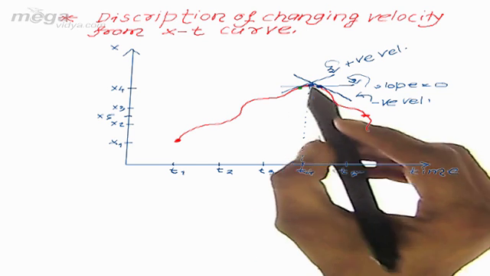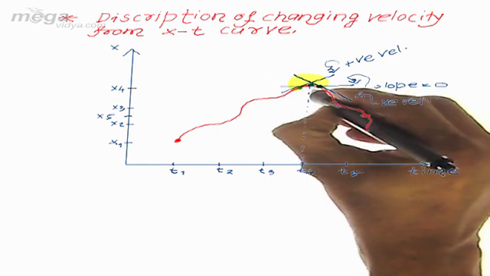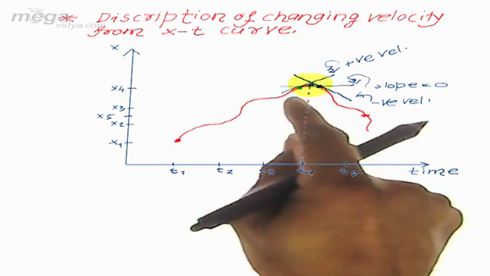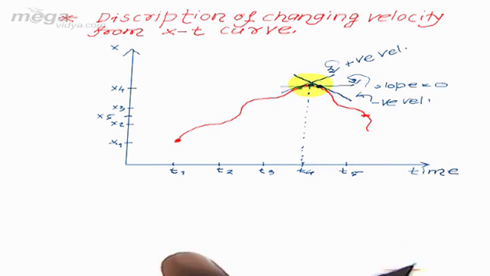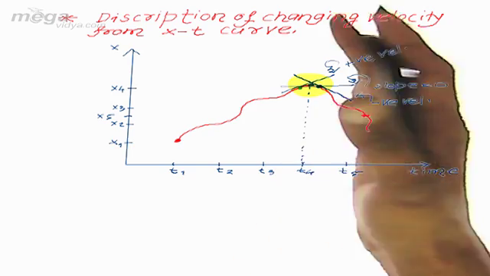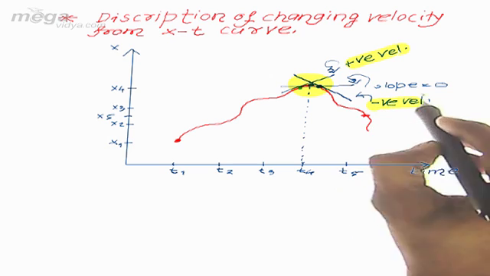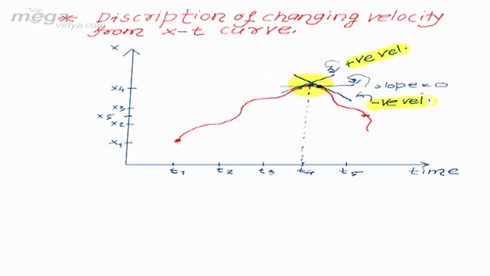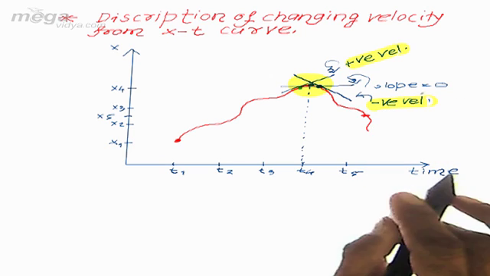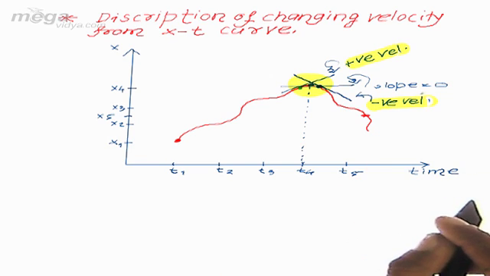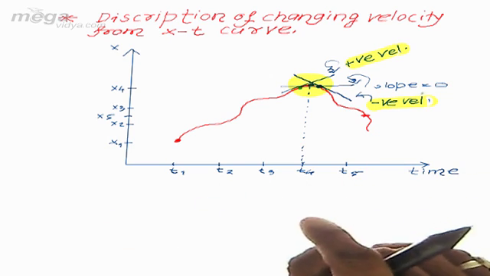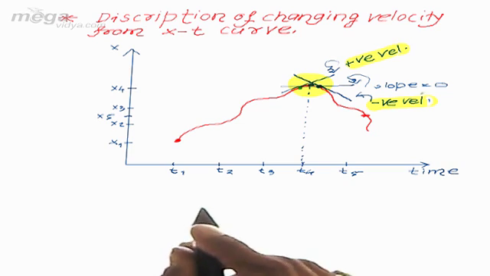So the rate of change of velocity at this place can be considered negative. Why is it negative? Because initially velocity was positive, then finally it becomes negative. So the change in velocity is negative. That's why the rate of change of velocity, which will be further defined as the acceleration, is negative.